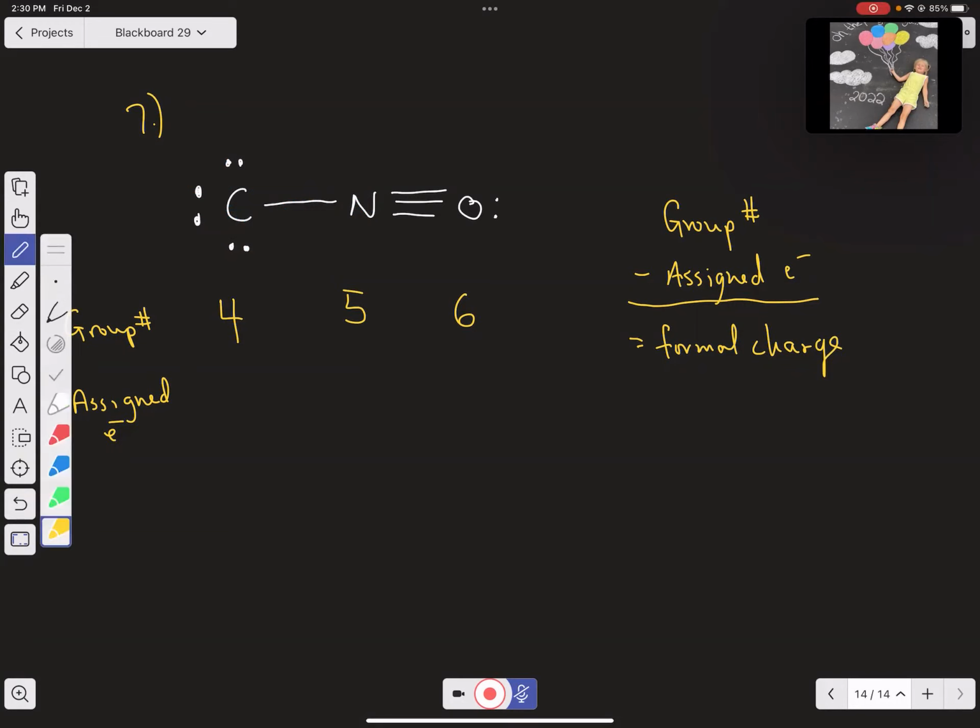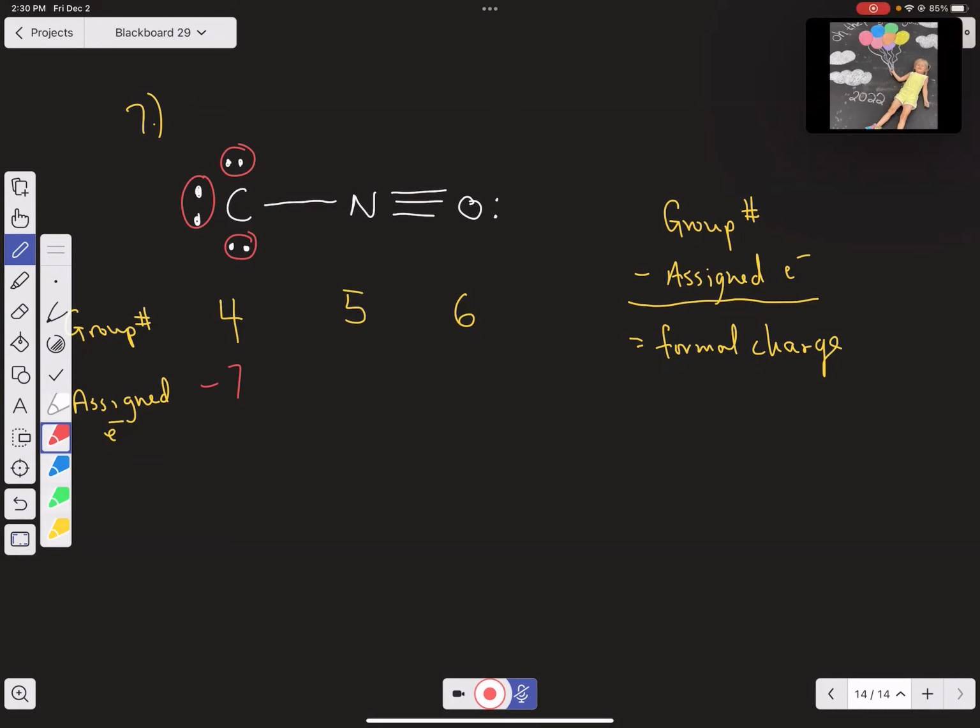So for carbon, I'm going to have 1, 2, 3, 4, 5, 6, and then I've got 1 electron in that bond. So we've actually got 7 electrons assigned to that carbon. For nitrogen, nitrogen is group 5.